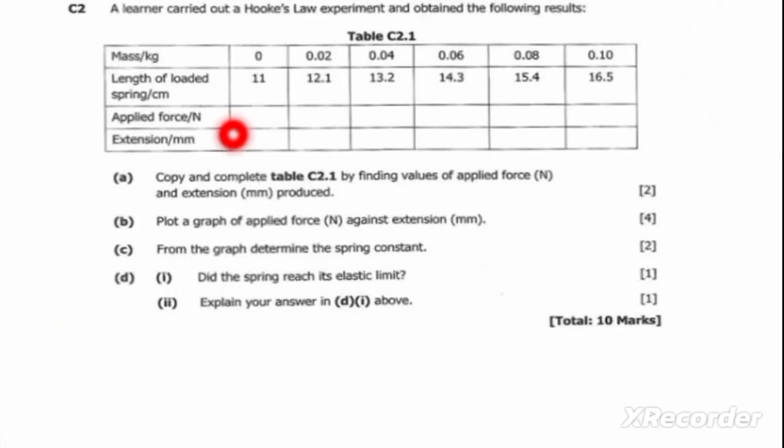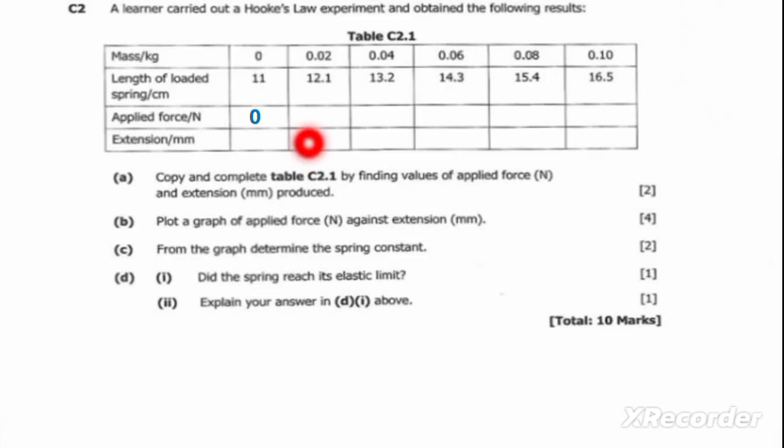So therefore, to find the first applied force, the acceleration we are talking about here is gravitational acceleration. So we are going to say mass, which is 0, times gravitational acceleration. We are going to get 0.